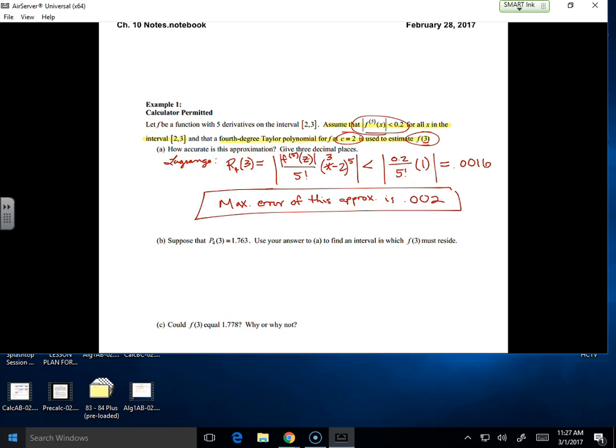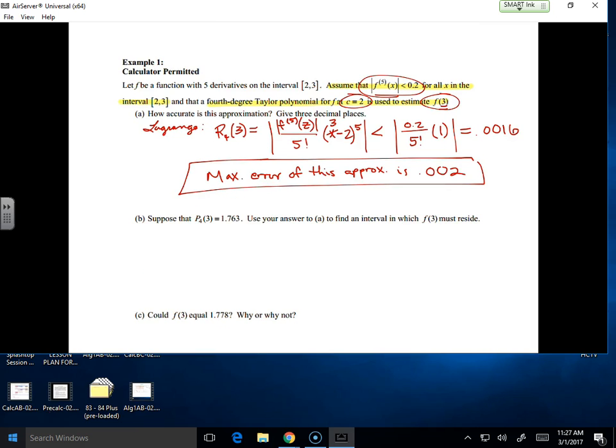Remember Lagrange maximizes the error, so the error is going to be less than, or we could just say the maximum error of this approximation is 0.002. Yeah, it said 3 decimal places, so I figured I should be precise. Does that make sense?